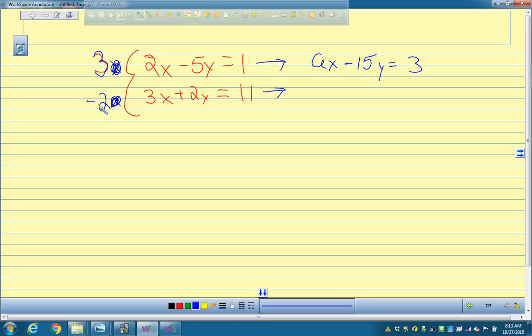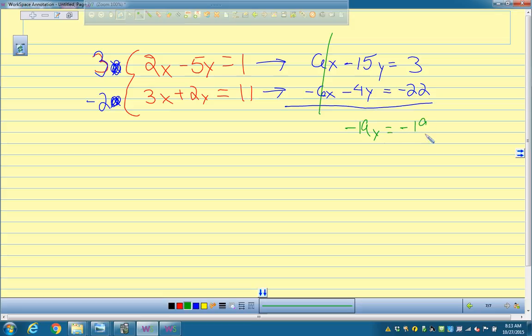So I'm going to multiply negative 2 times this, which gives me negative 6x minus 4y equals minus 22. And then I'm going to add those two equations together. This goes away, right? I get, what's negative 15 and negative 4? Negative 19y.